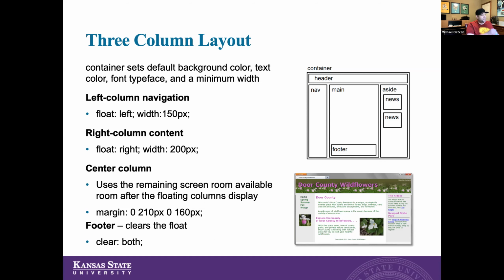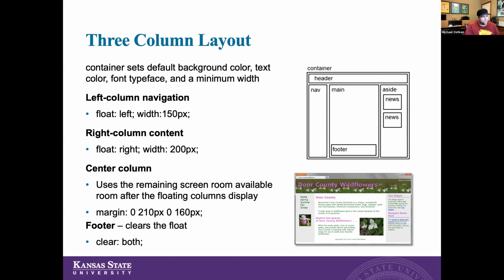All right, and just some best practices for coding this. We'll use a container that has everything inside of it, has our header, nav, main, footer, all that good stuff. We'll have a container, and then we'll set up our left column navigation section with a float left.